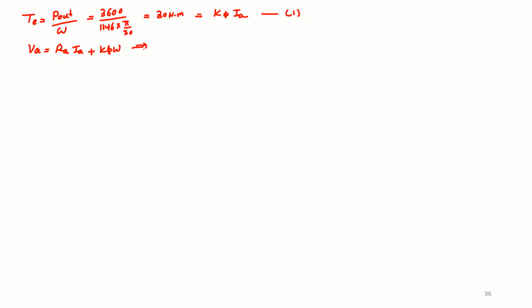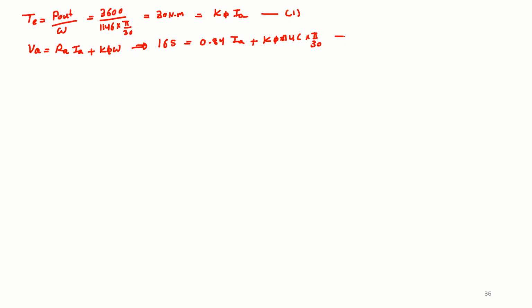At the rated condition, the voltage is the rated, which is 165, and will equal the armature resistance 0.84 multiplied by IA plus k phi, which is also unknown, multiplied by omega, which is 1146 multiplied by pi over 30.